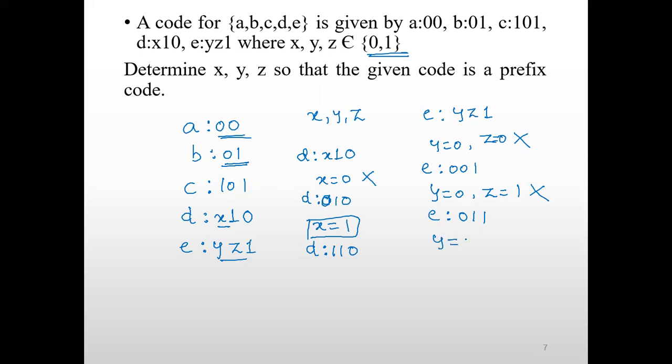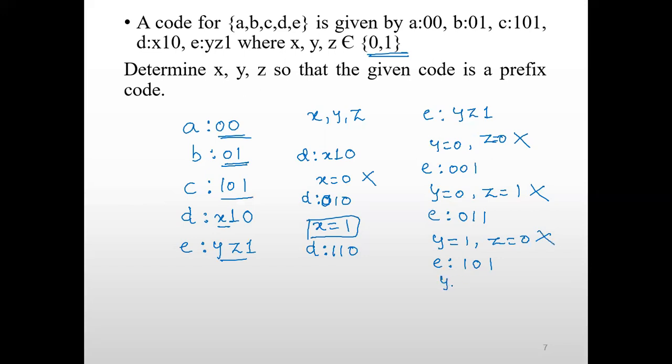Next, Y equal to 1 and Z equal to 0, then E becomes 101. If you observe the given sequences, this will be the same as C, that is 101. Hence, we can't consider this either.